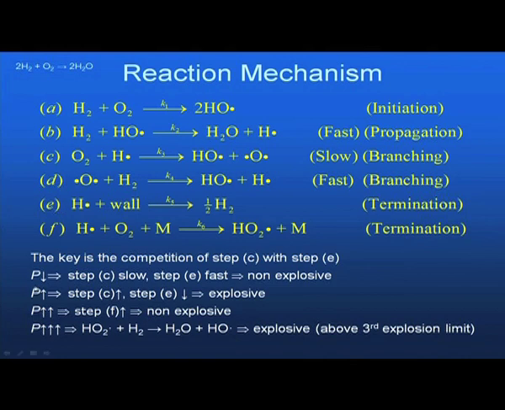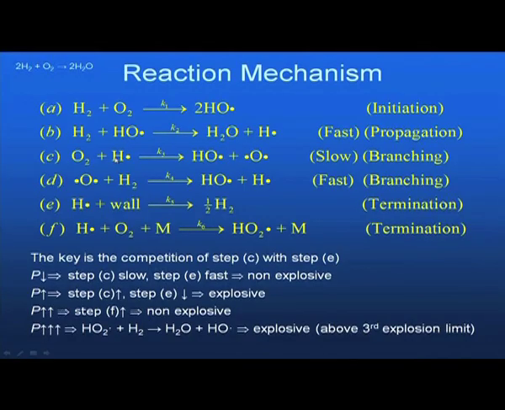Now, when P is reducing, that is under low pressure condition, step C is slow and step E is fast. Under low pressure, the oxygen molecules are rarefied, maybe some inert gas is present, or if pressure is low, these gas molecules are rarefied.